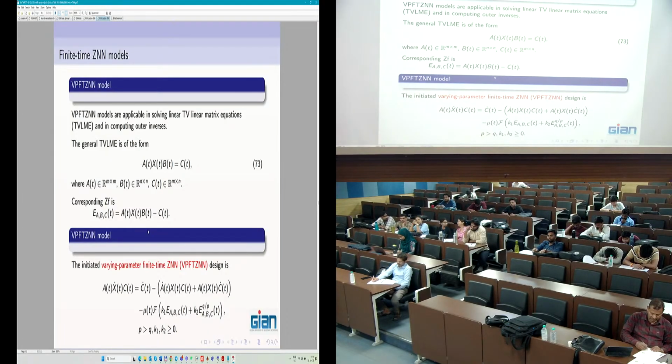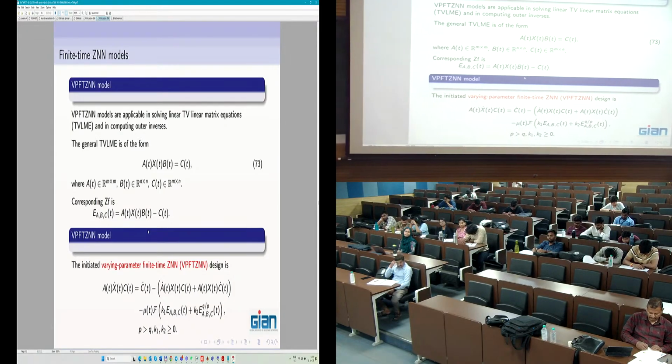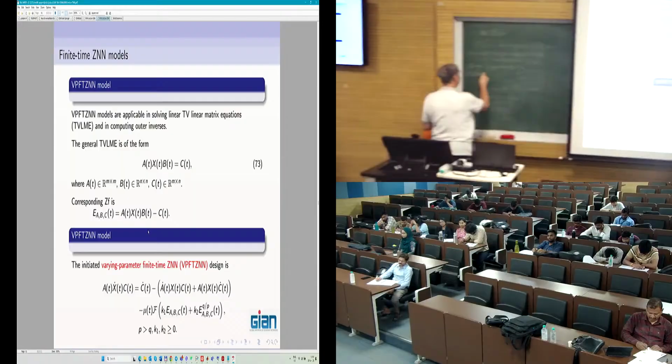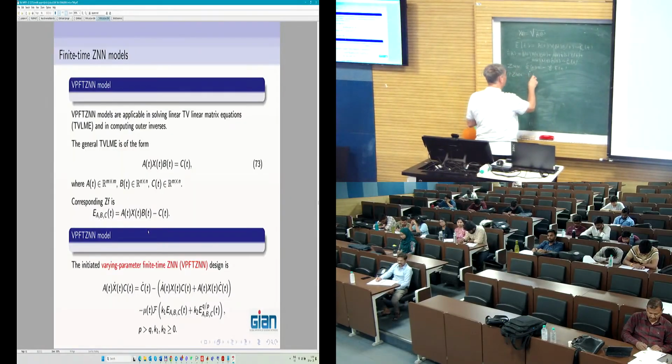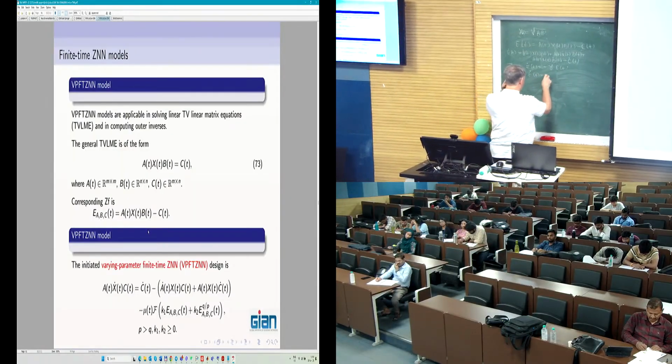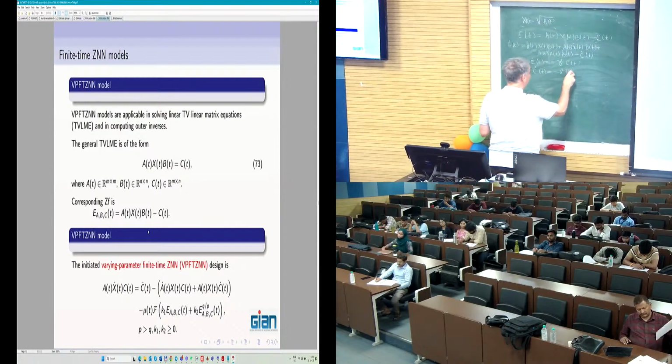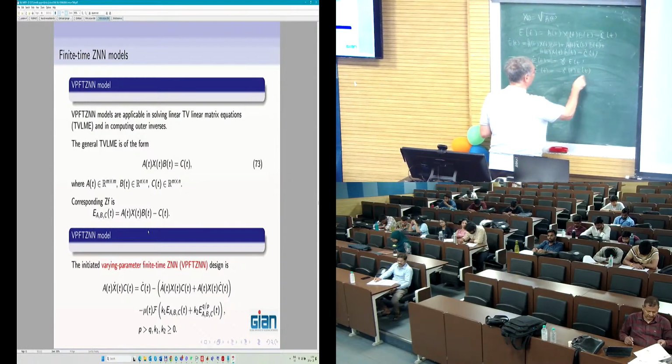And if we want to apply ZNN, T of t. Of course, nonlinear activation is desirable here. If we want to apply varying parameter ZNN, we will say E dot of t is minus gamma of t, E of t.